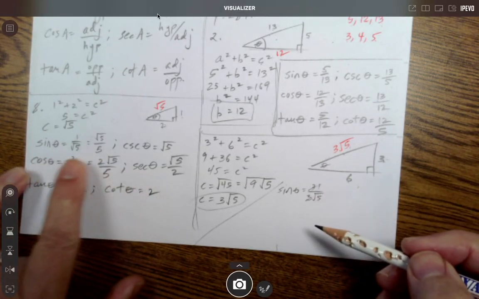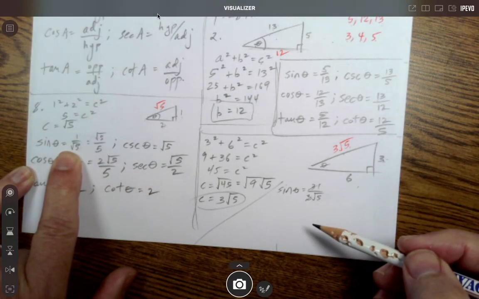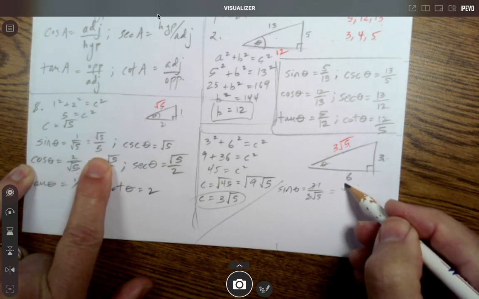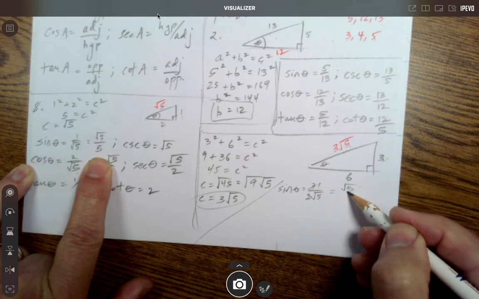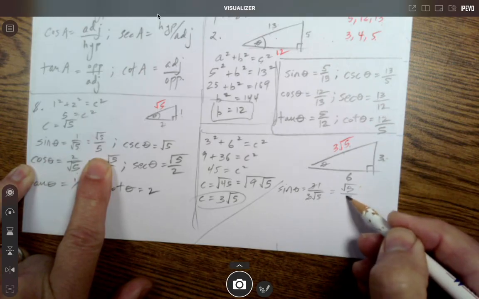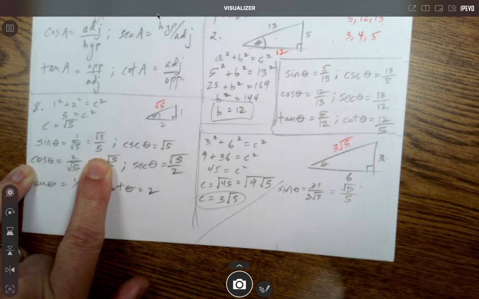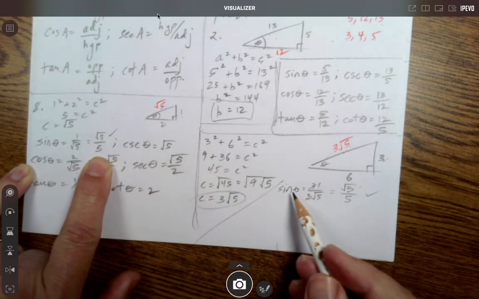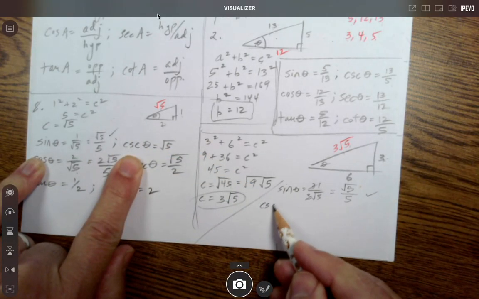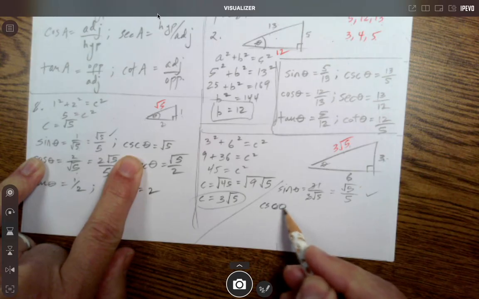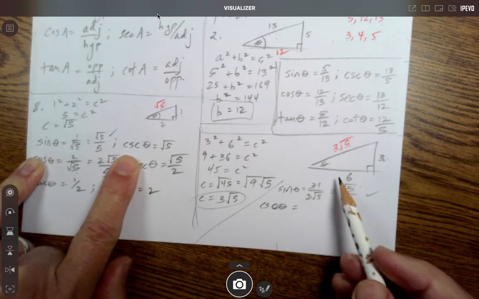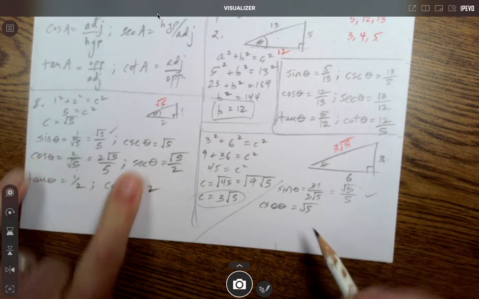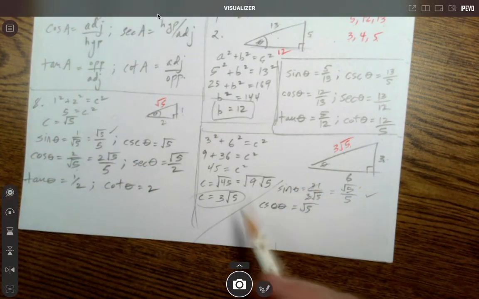And that's a 1, and now we've got that, which just reduces to that. So we can see that these are the same. And then when you flip it, cosecant of theta is going to be square root of 5, just like it is over here. And I won't go through any more. You can go through them. They'll all be the same.